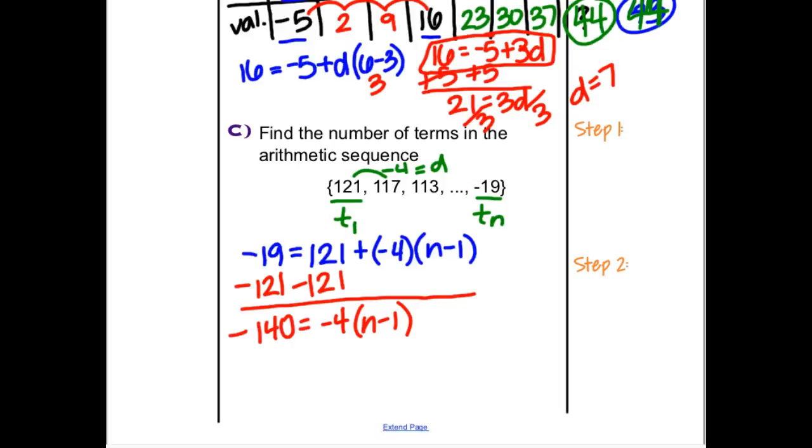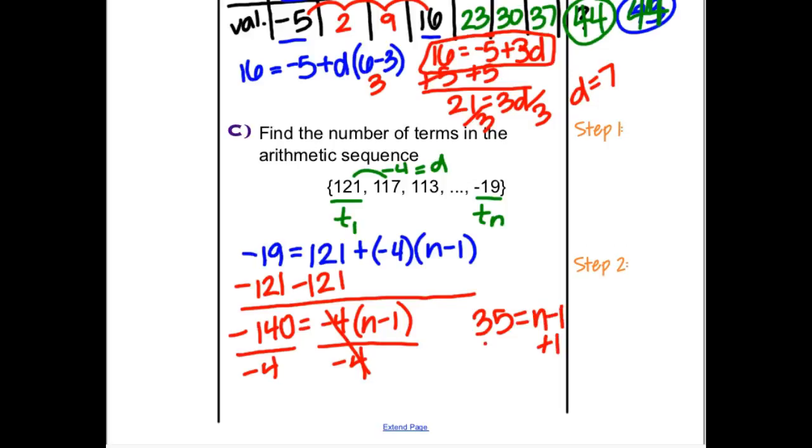Well, 140 is divisible by 4, so we're going to just divide by -4 to cancel these. And 140 is negative, divided by a negative is positive. 4 goes into 14 3 times, which is 12. We have 2 left over. 4 goes into 20 5 times, so 35 equals n minus 1.